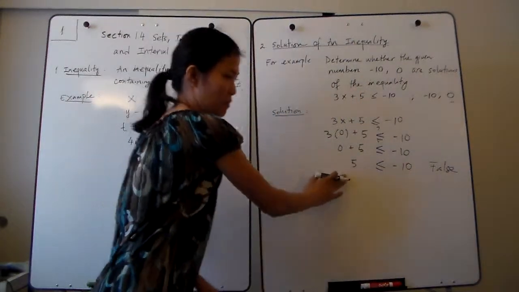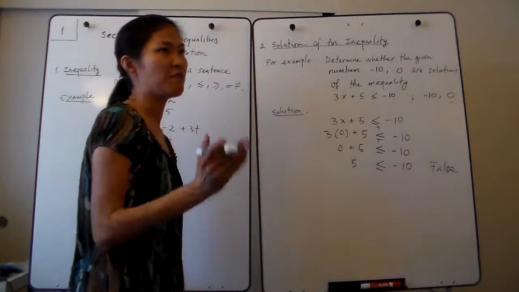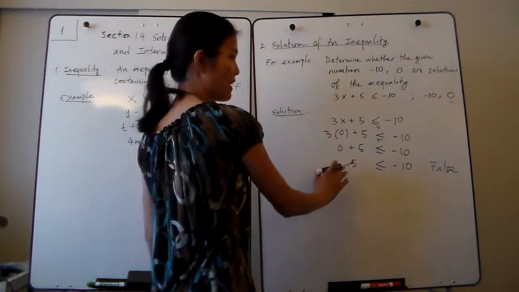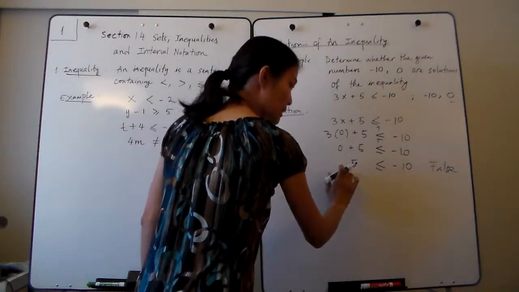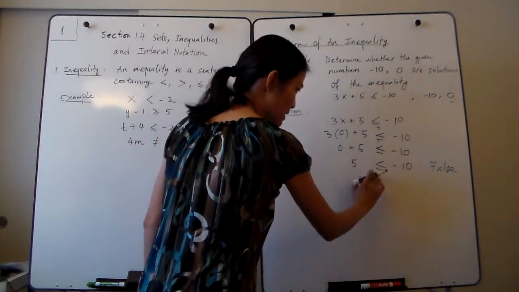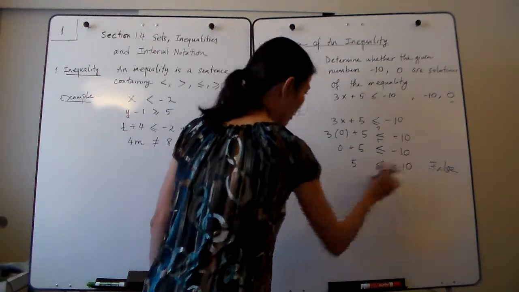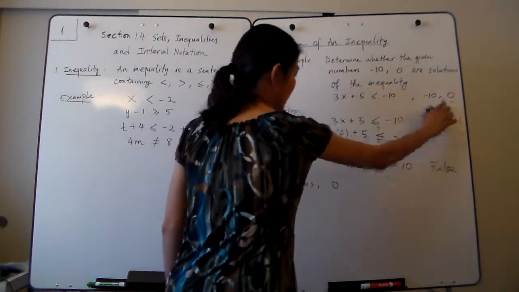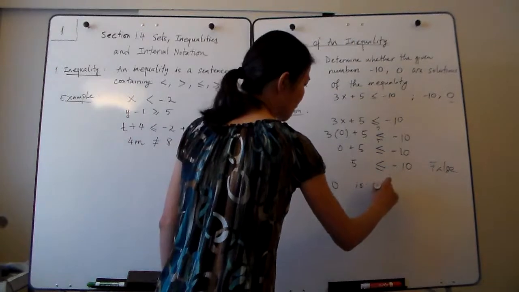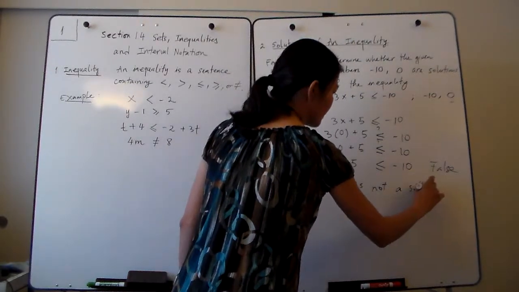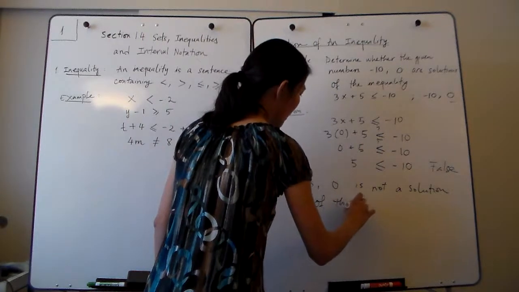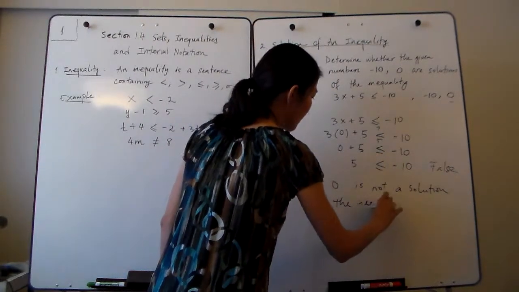This is a positive value. This is a negative value. A positive value is always bigger than a negative value. So 5 is not less than or equal to negative 10, so it's false. We'll say thus 0, okay, is not a solution of the inequality.